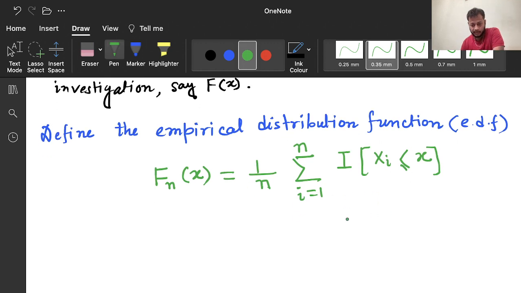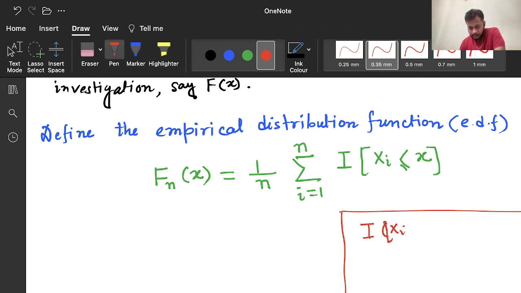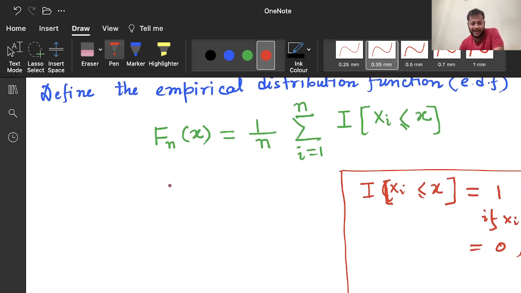The indicator of X_i less than or equal to x will be 1 if X_i is less than or equal to x, and will be 0 otherwise. So that's the empirical distribution function.